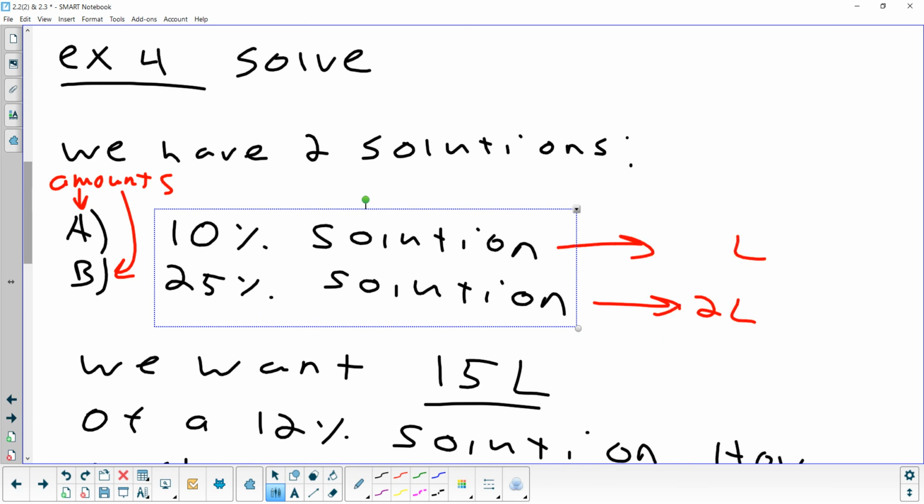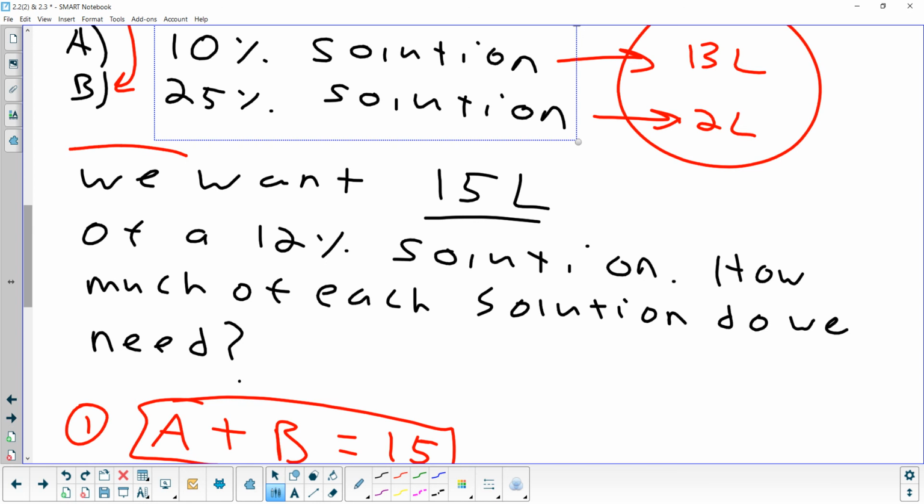And how many liters would we need of the other solution? Well, 13. Okay. So if you mix 13 liters of solution A and 2 liters of solution B, you will end up with exactly that. Right, so a little bit advanced for a linear equation because it was 2 of them.